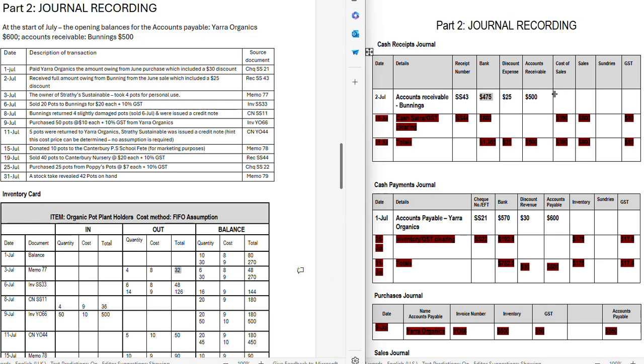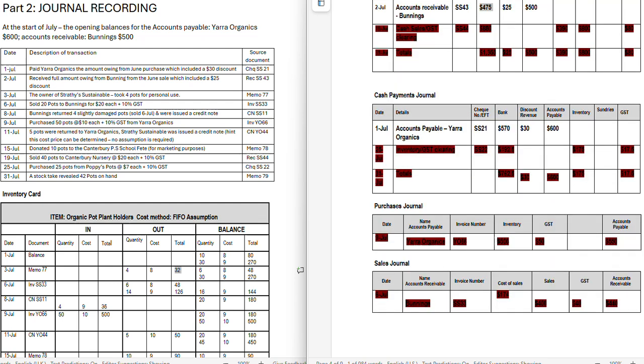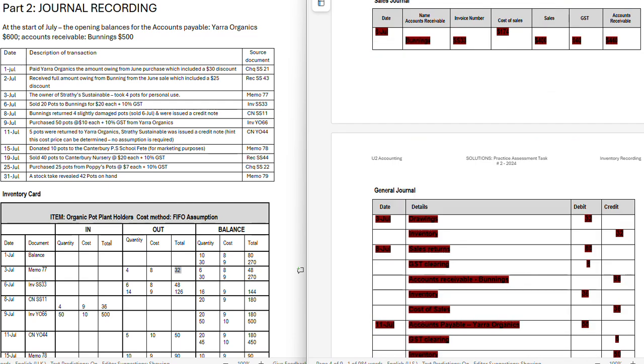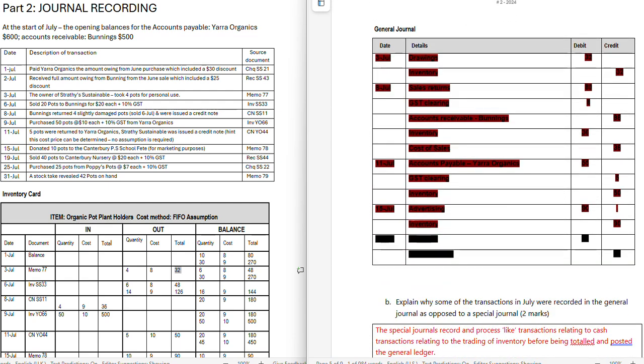Now, the 4 special journals do not cater for transactions of this ilk. It's not a cash transaction and doesn't involve the sale or purchase of inventory. So let's go downstairs to our GJ and let's work out what to debit and what to credit.